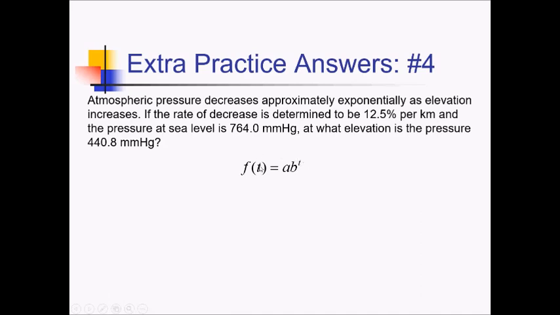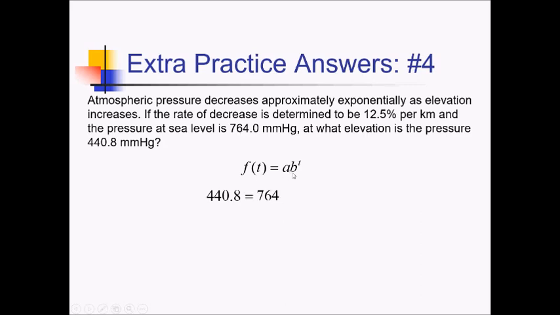F of t and a are both my pressure. F of t is what my pressure becomes. They're saying at what elevation is the pressure 440.8? So that's going to be our f of t, our target pressure. A is the pressure we're starting with, that's going to be 764.0.